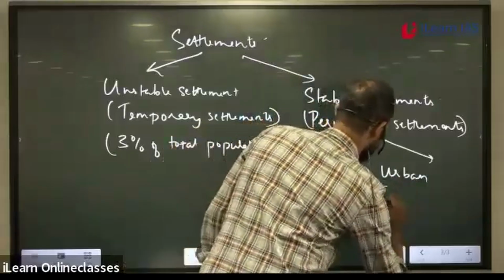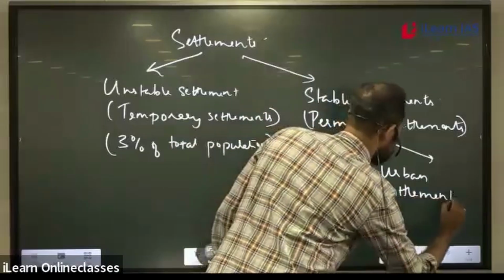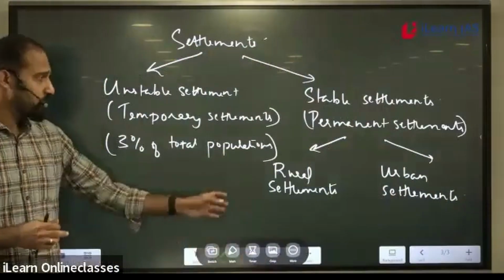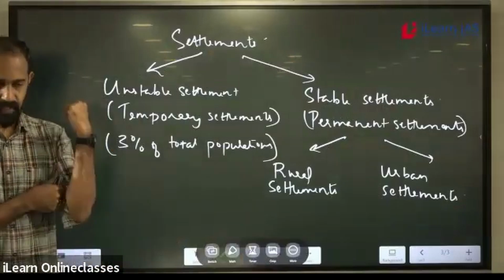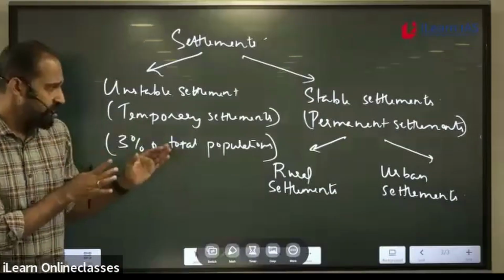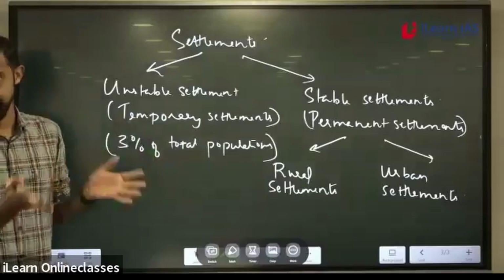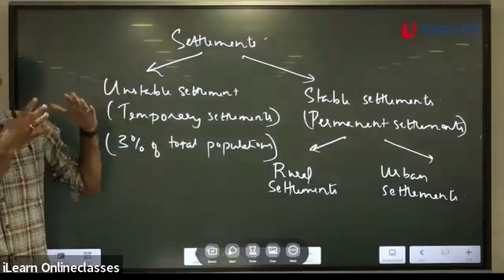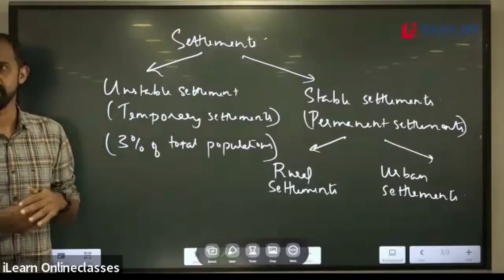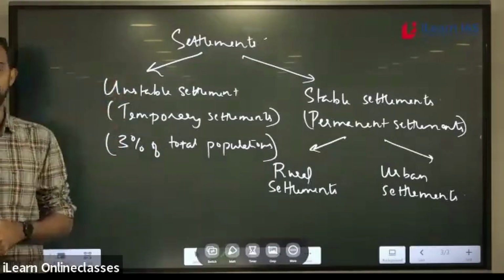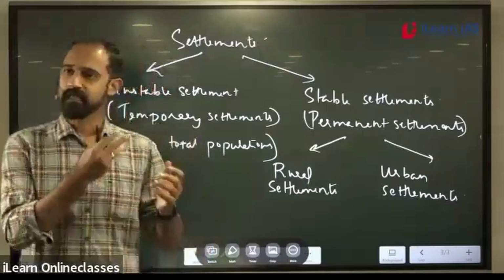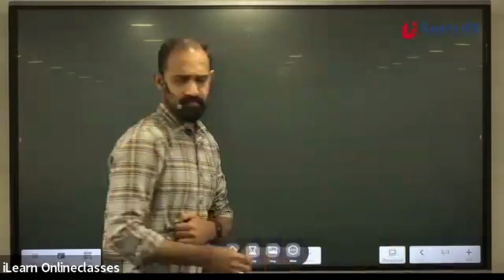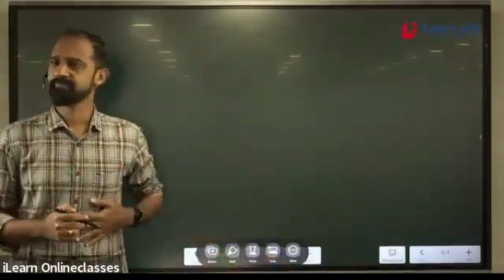This is what we are going to discuss in this module. First, we'll see what is the basic difference between these two types of settlements, then we'll see the study plan for this module, what things we are going to see in detail, and then we'll start with the first parts. So, rural and urban settlements: what is the basic difference between them?